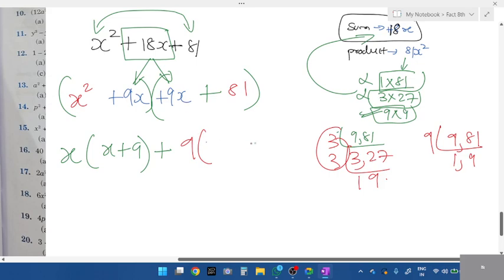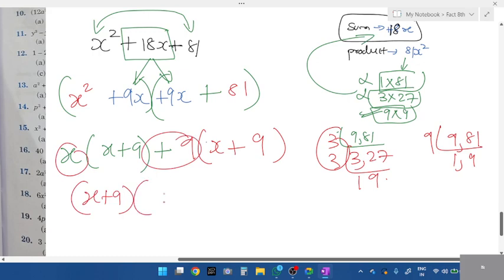Don't write, I just want you to answer. Look at the screen and answer. x plus 9. What is common? x plus 9. Just take the other two values and write them in the other bracket. Right? How did ma'am teach? In this way or any other way?